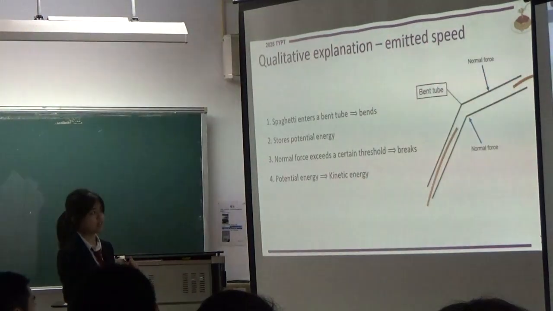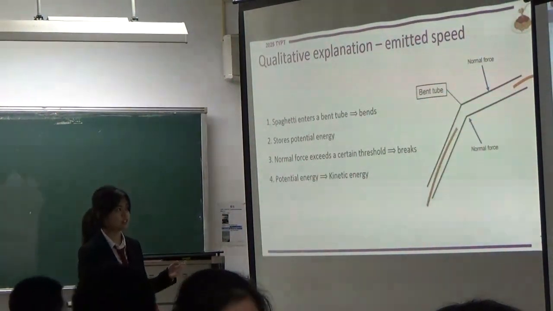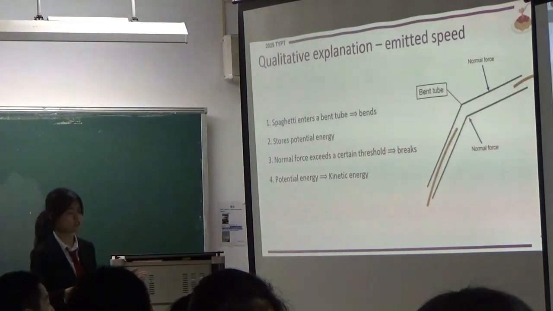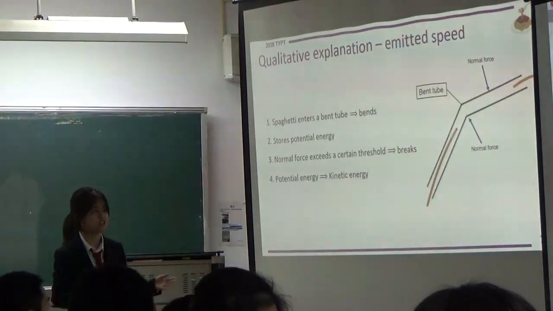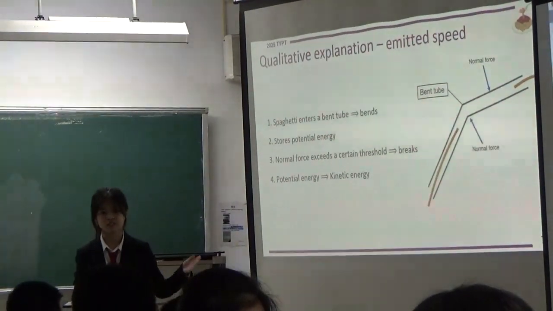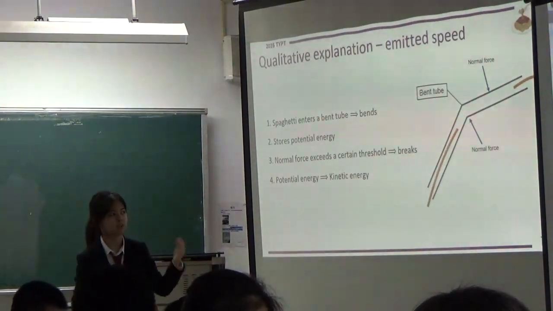Then when the normal force exceeds a certain threshold, the spaghetti will break, and the potential energy is transferred to kinetic energy, and the spaghetti will eject. Since the mass of the spaghetti is very little, the velocity of it will be very big.